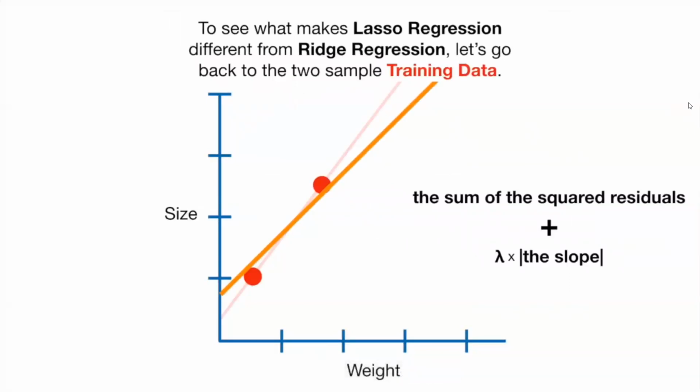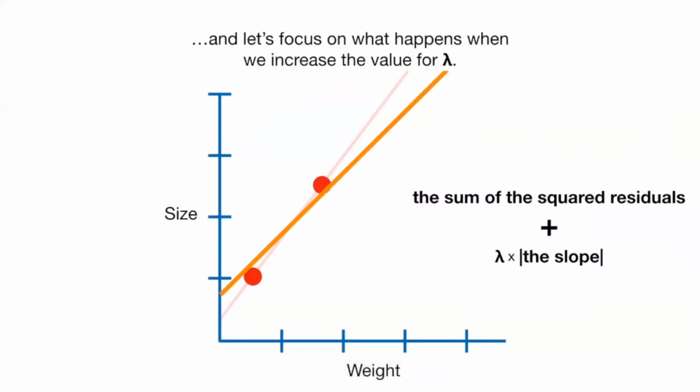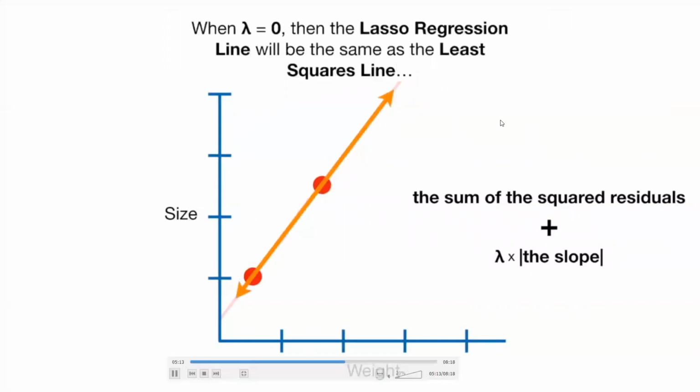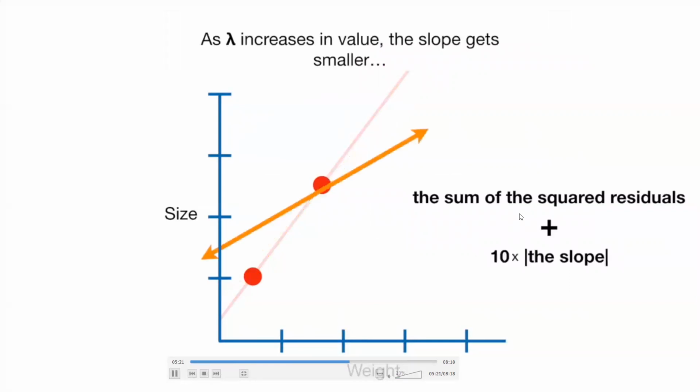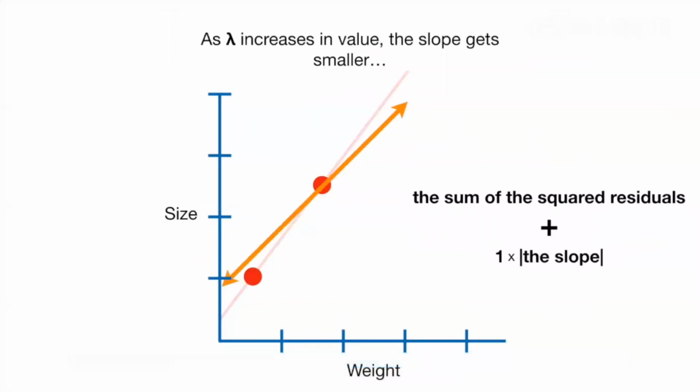Now we are going to see the difference between Lasso and ridge regression. Let's say we start by taking lambda equal to 0.